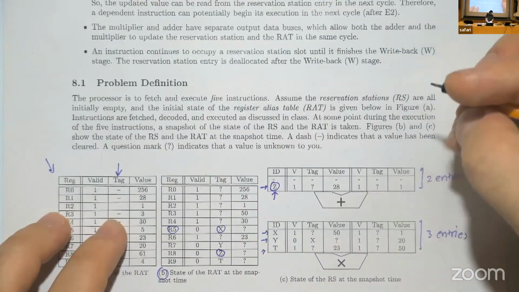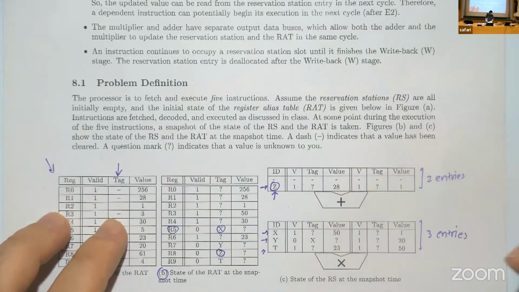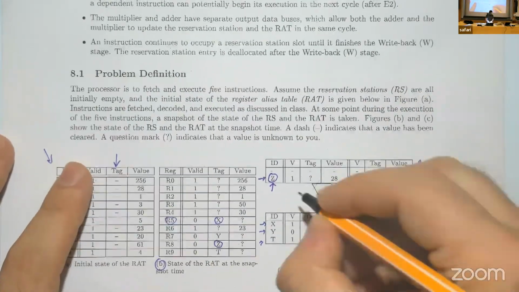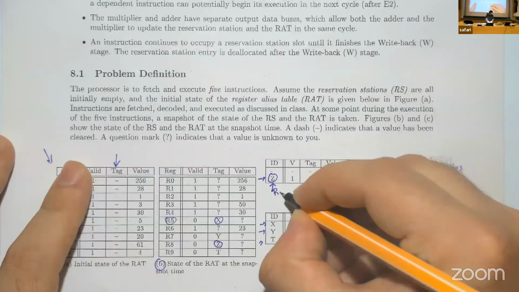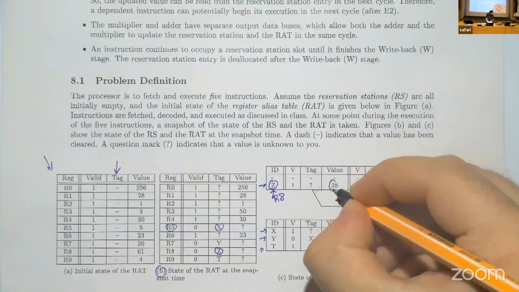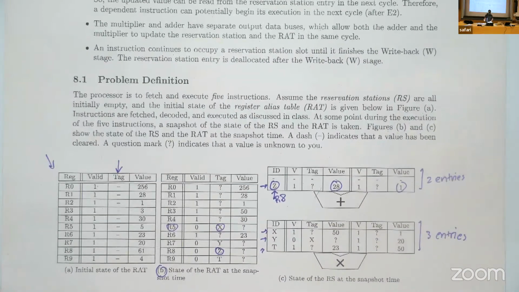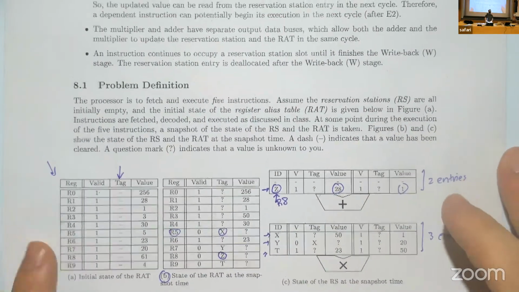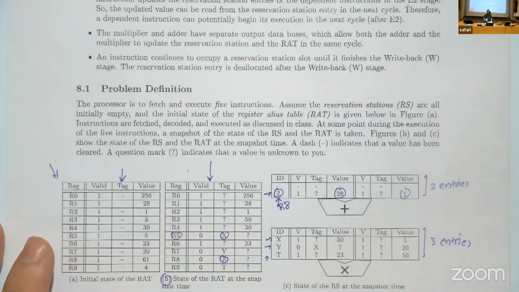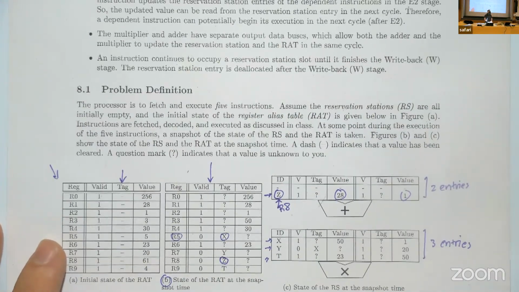Okay. So we know that this one, you can start writing it here because don't go from paper to paper. So this is R8. And as we can see, there are 2 registers which are valid and their values are ready. The values are 28 and 1. So you need to find out from the snapshot of the register alias table which registers have the values 28 and 1.